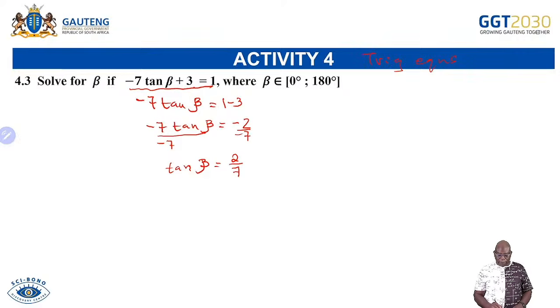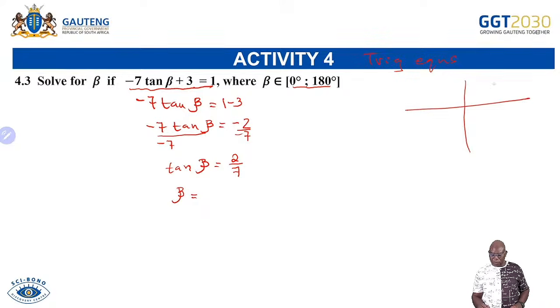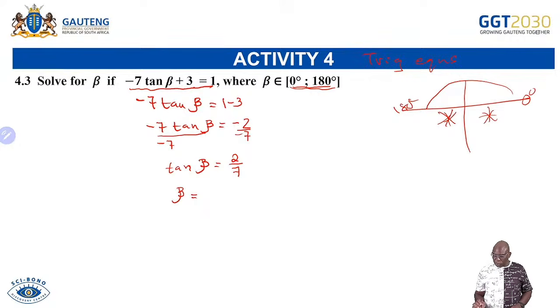From there, I use my calculator because I love my calculator. They said we need angles between 0 and 180. So in other words, angles between 0 and 180. So these other angles, I don't need them. You must read that instruction here. Okay, it's the restriction. So if I use my calculator there, the angle that I get is 15,9.